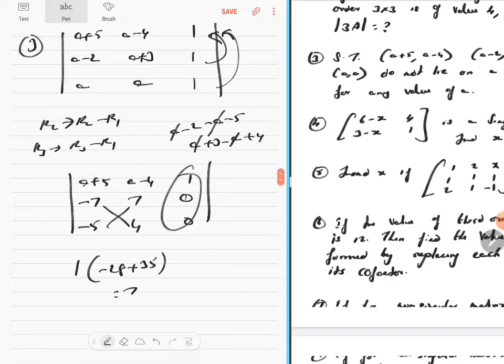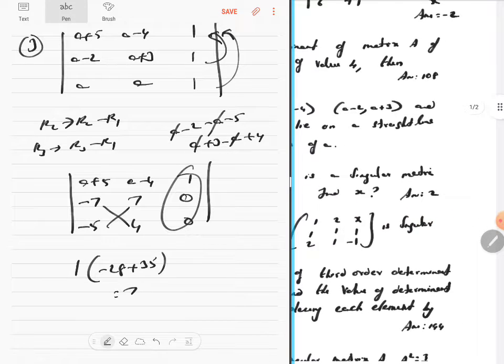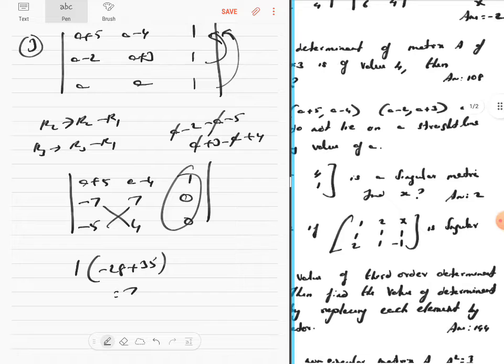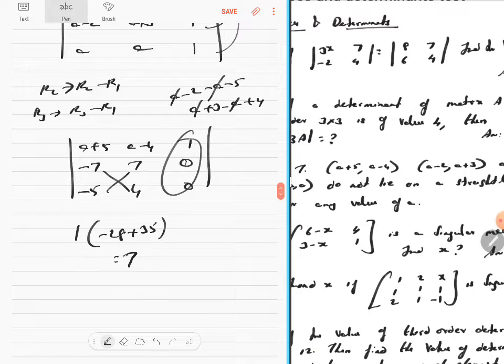So the answer here is 7. I hope my answer is right. Oh, so then I got an answer which is 7, and I have to find the value of A, right?